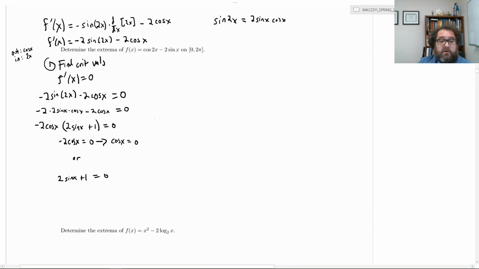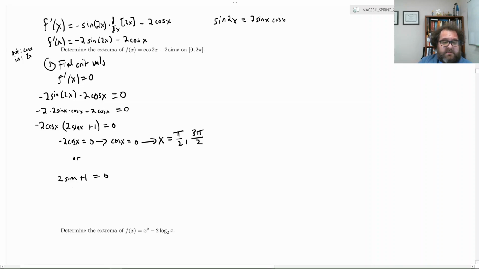Well, from our unit circle, that's going to imply that x equals, at 90 degrees, pi over 2, cosine is 0, and also at 3 pi over 2. That's the two values where cosine is 0, at least between 0 and 2 pi.